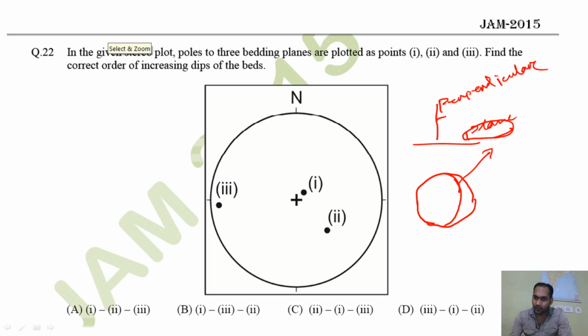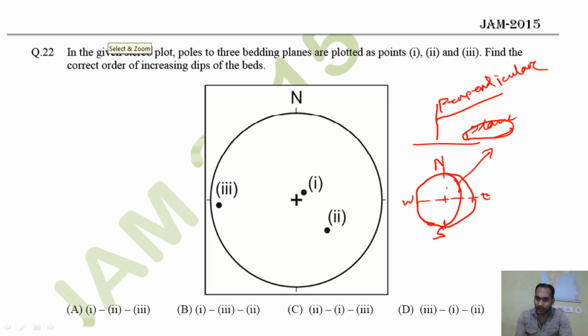But if we want to plot the perpendicular, what will we do? If this is the center, here it is the east-west line, right? Let's say the plane is striking north-south. It is north and south. So this is the plane which is striking north-south.